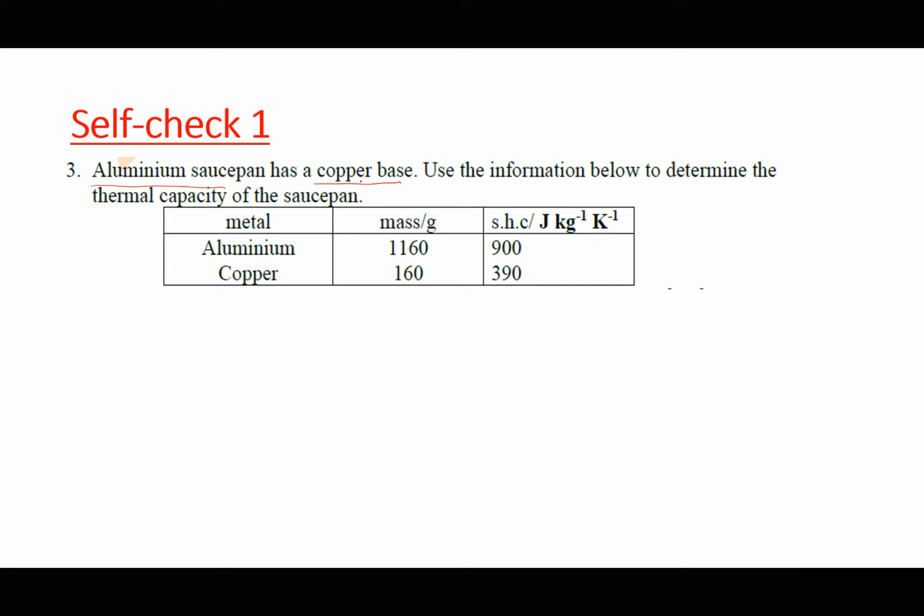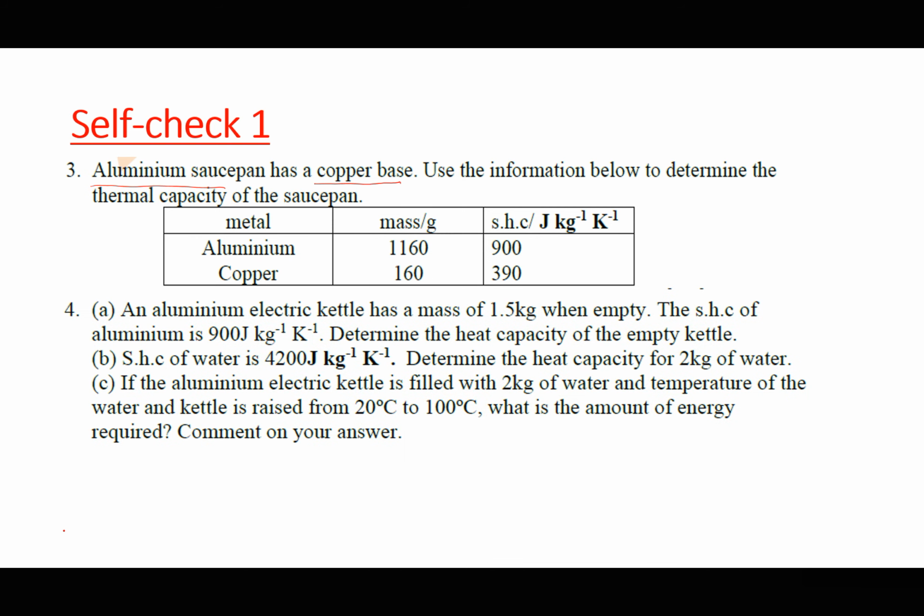So these are two materials making the same object. Use the information below to determine the thermal capacity of the saucepan. So here you have to find the total heat capacity of the saucepan, because now it has that of aluminium and that of copper. So you'll be able to find the total thermal capacity.